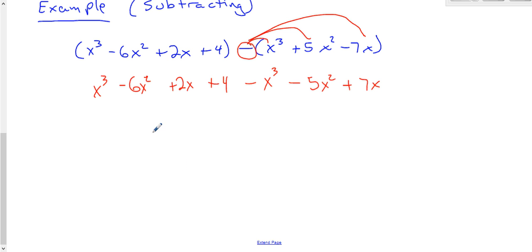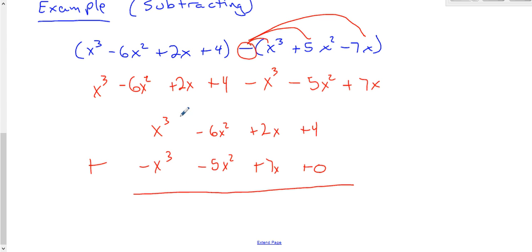Now I'm going to combine like terms just like I did above. So I'm going to put x cubed minus 6x squared plus 2x plus 4 minus x cubed minus 5x squared plus 7x. And again, I have no constant here, so plus 0. So again, I'm going to put these down, and I'm going to add these now.